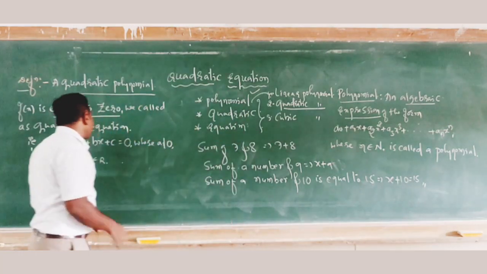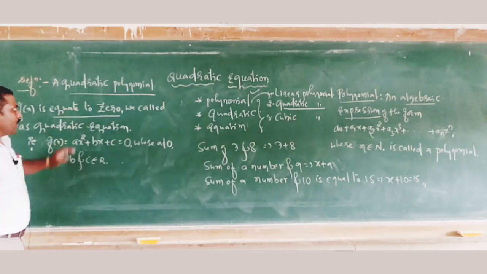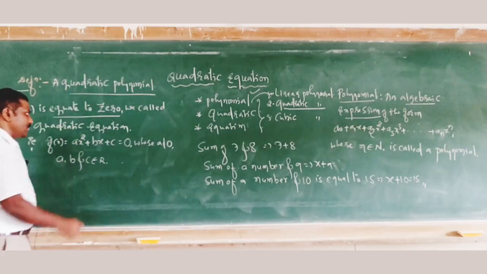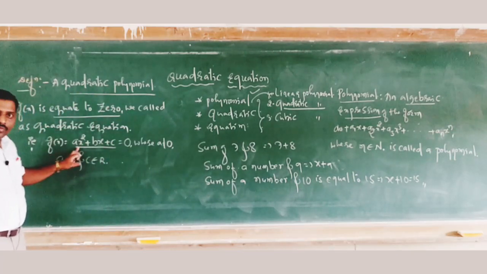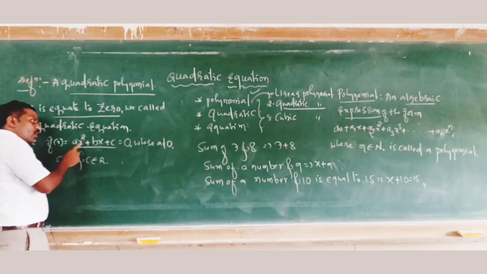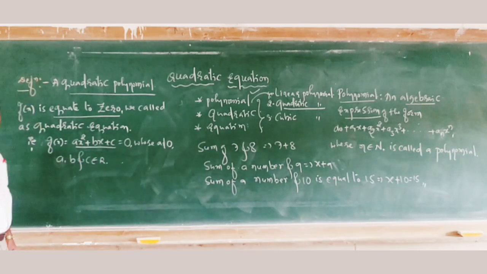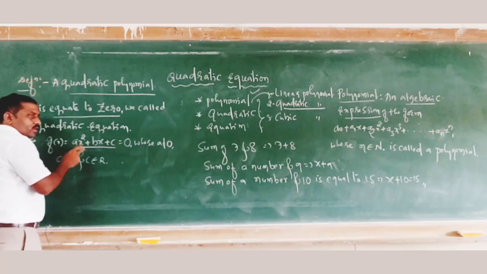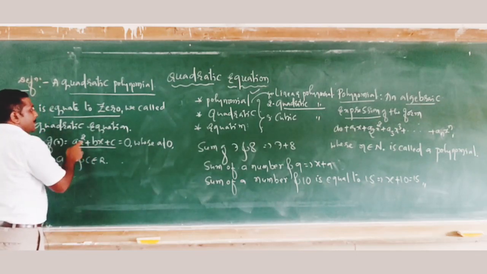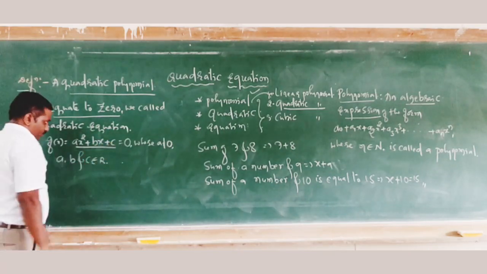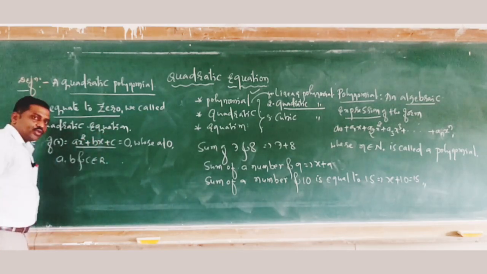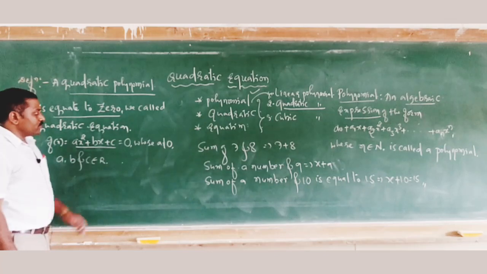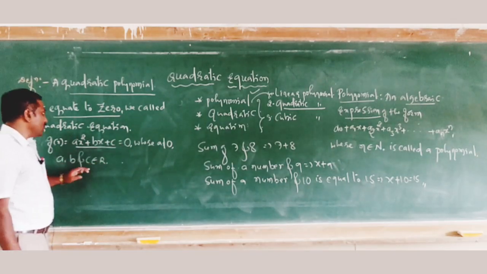So in the same way, the example of the quadratic equation: this is a quadratic polynomial, because the degree of this polynomial is 2. This is a quadratic polynomial, which is an expression. This expression can be equated to 0.